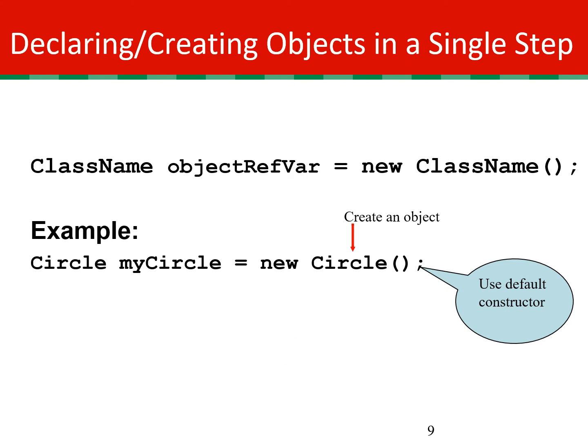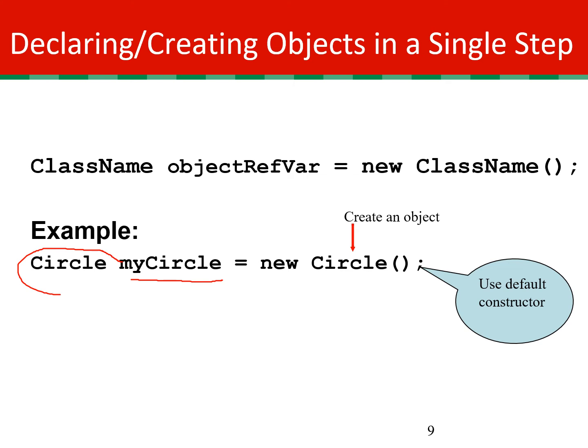You can actually write it combined as one line like this, or you can write it in several lines. For example, looking at the same example just now, this is your object reference name. You can have more than one if you want to create more than one object.